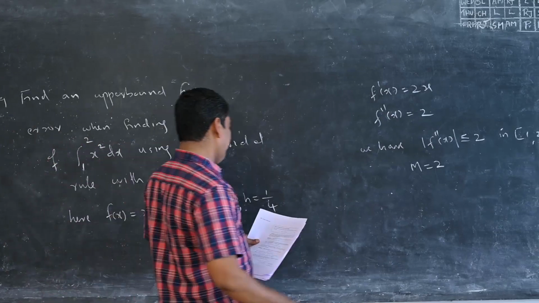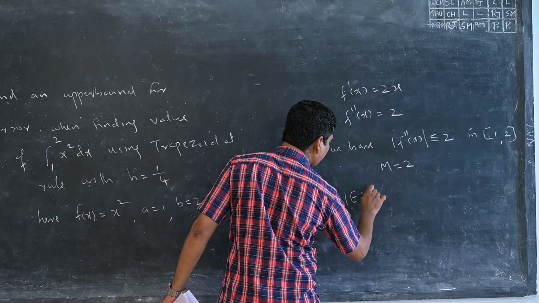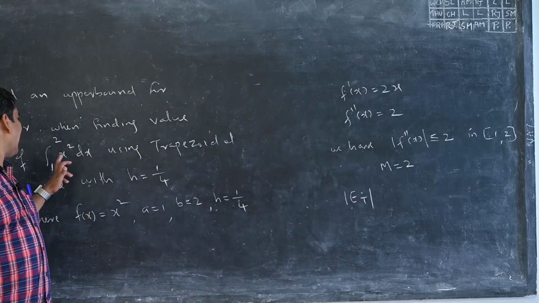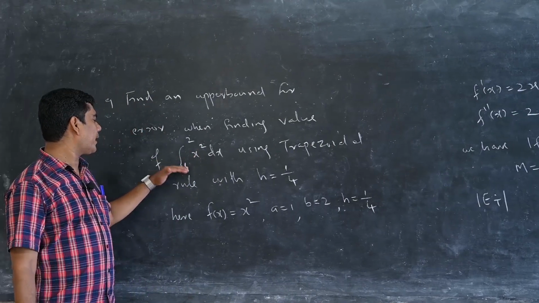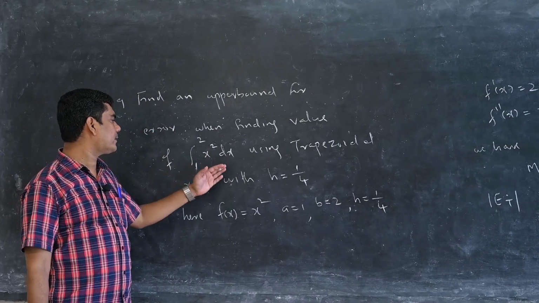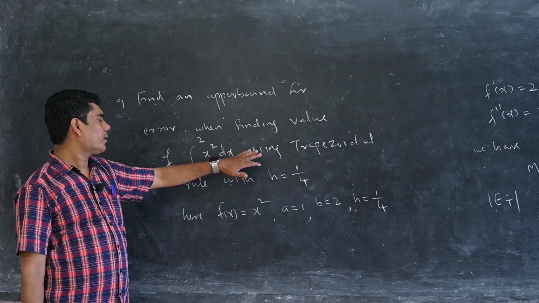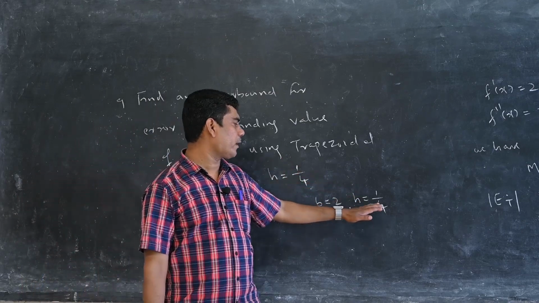Now we have the formula mod Et. Et is the error, the actual value of integral 1 to 2 x square dx minus the value that we obtain using trapezoidal rule with subinterval length h is equal to 1 by 4.